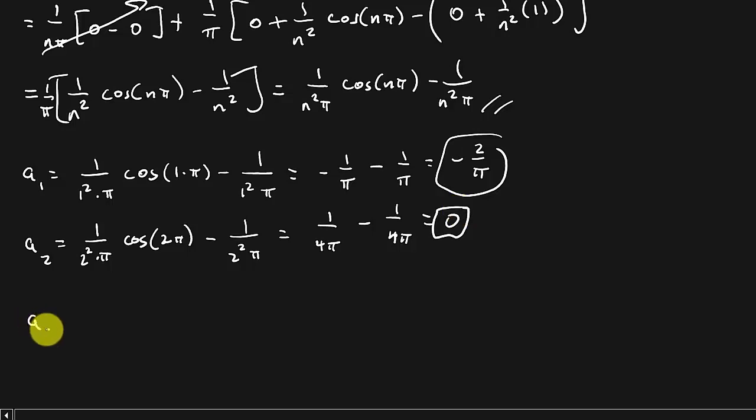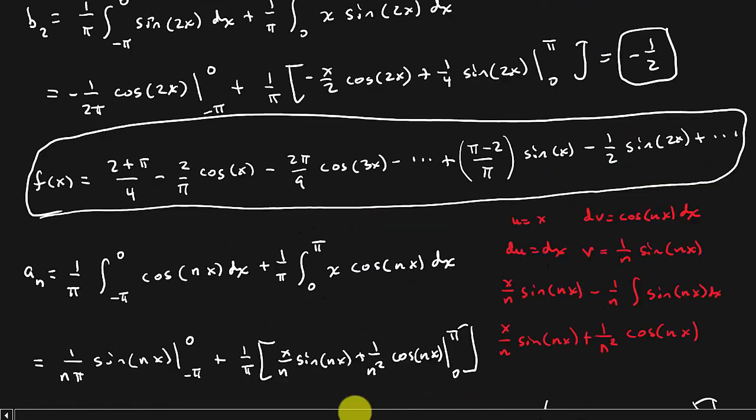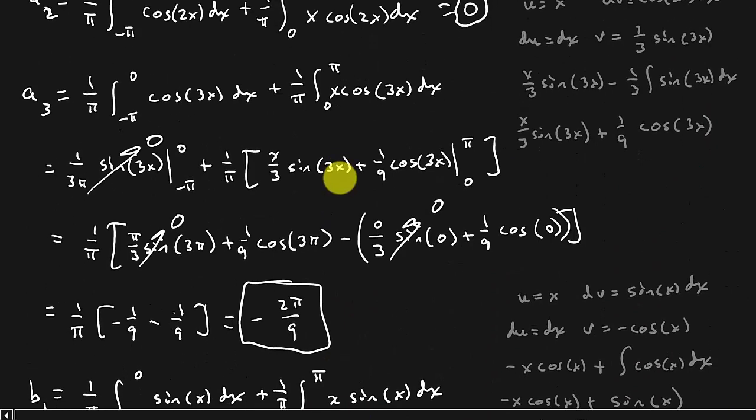0. And then a3, that's going to be 1 over 3 squared pi times cosine of 3 pi minus 1 over 3 squared pi, which is -1 over 9 pi, because cosine of 3 pi is -1, and then minus 1 over 9 pi is -2 over 9 pi. And if you remember for a3, look at that.